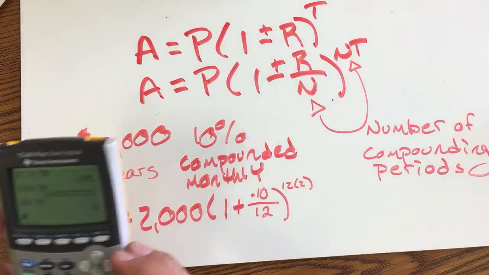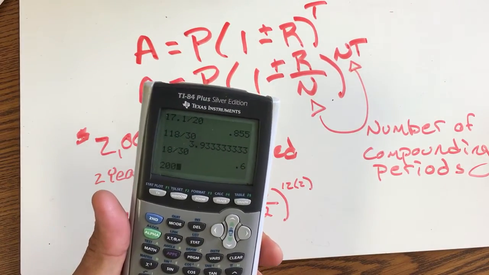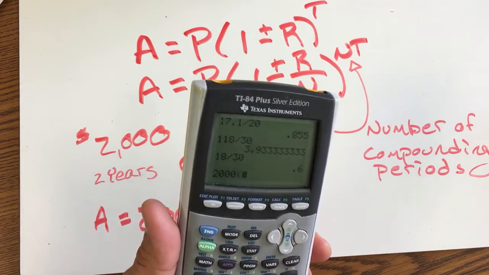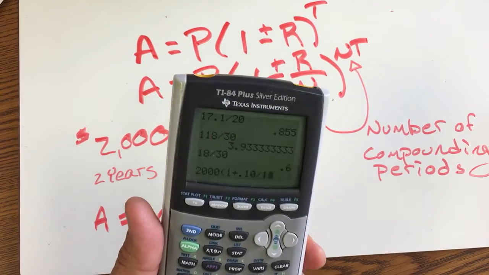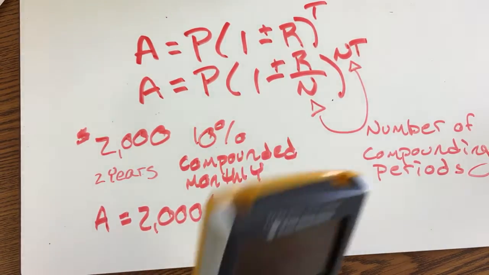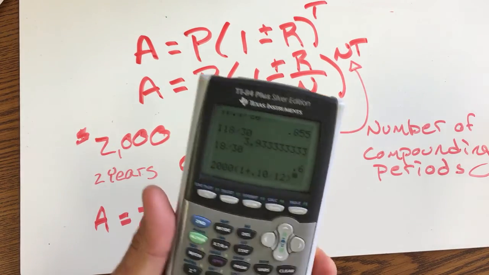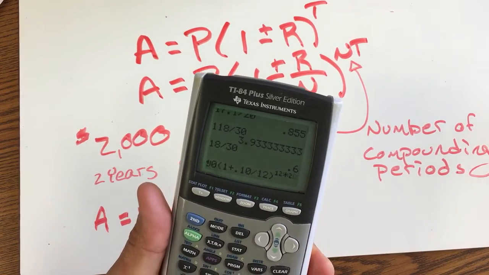Here we go. So I have the old TI, so I'm going to go 2,000 parentheses 1 plus 0.10 divided by 12, close my parentheses, to the power of 12 times 2.